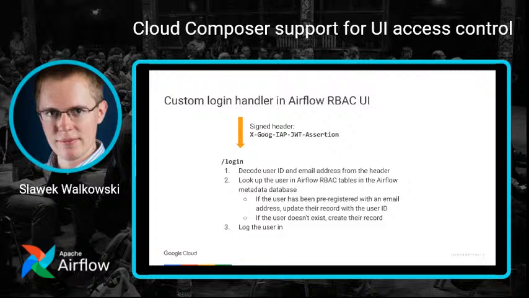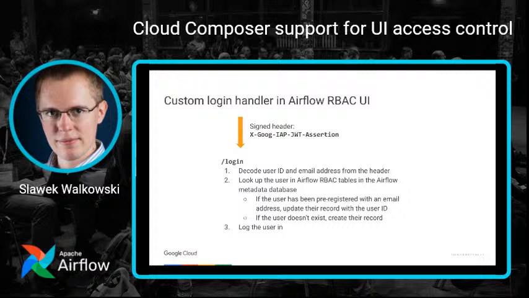So first we decode user ID and email address from the header, so those fields that I showed on the previous slide, and then the handler looks up the user in the RBAC tables in the metadata database, and if the user has been pre-registered with the email address, then the record is updated with the user ID.